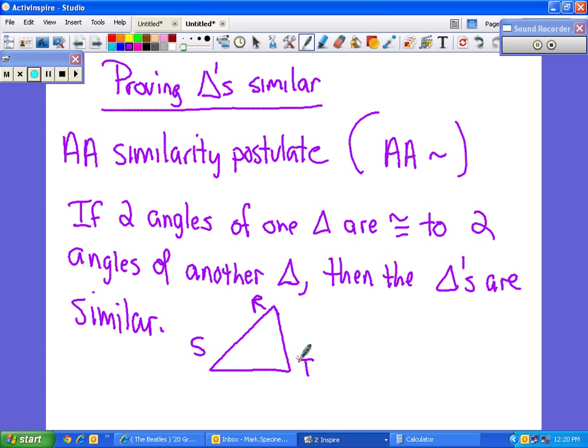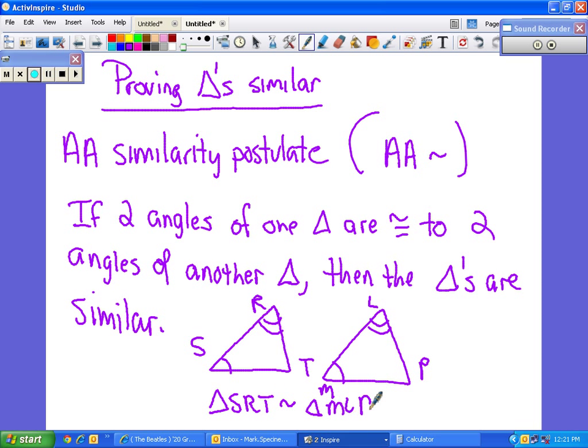If I have triangle RST, triangle MLP, and I can show that angle S is congruent to angle T, and that angle R is congruent to angle L. In other words, if I just say the two angles on this triangle are congruent to two angles on this triangle, I can then say that triangle SRT is similar to triangle MLP.